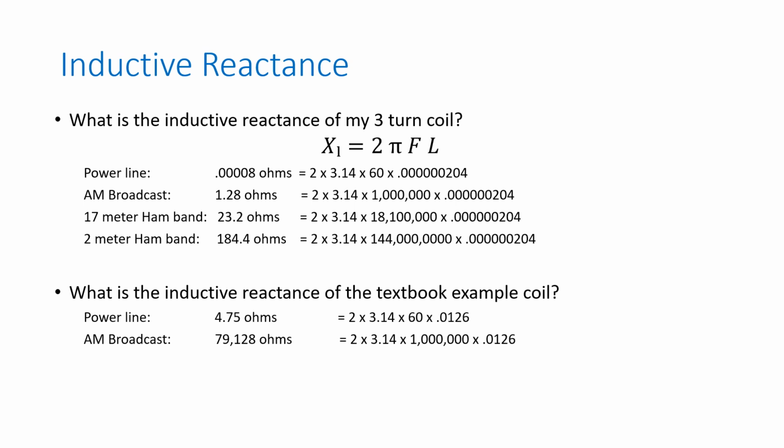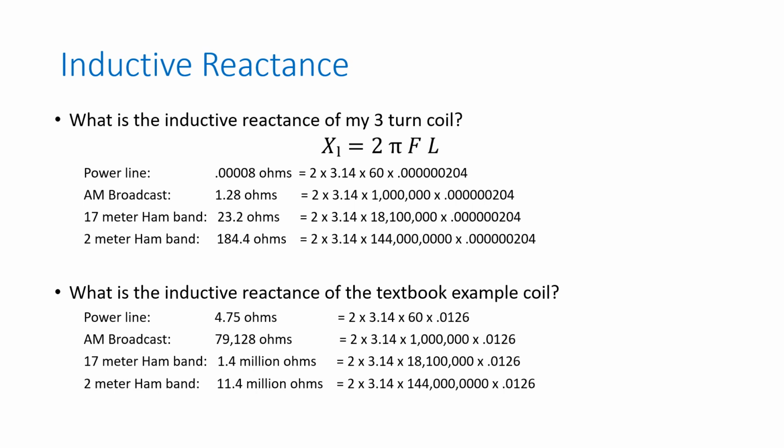So the point here is when you do the F times L, if either one of them starts to get big, that's one thing. When one of them is already big and the other one starts to get big, you start to get numbers like this. 1.4 million ohms? Are you kidding?